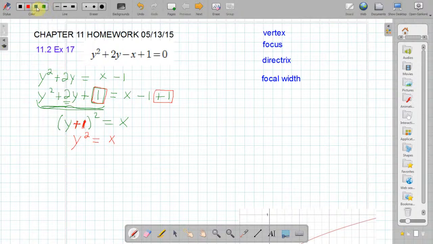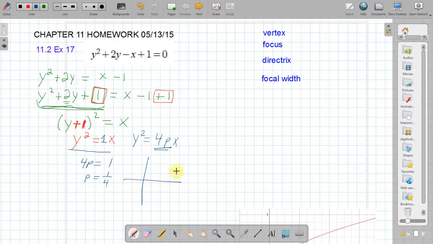And the basic equation for a parabola would be y squared equals 4px. So that means the 4p is actually this 1 right there. So 4p is equal to 1. So that means p is equal to 1 over 4. And this parabola opens sideways like this.